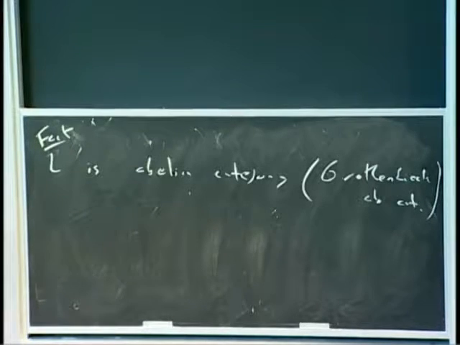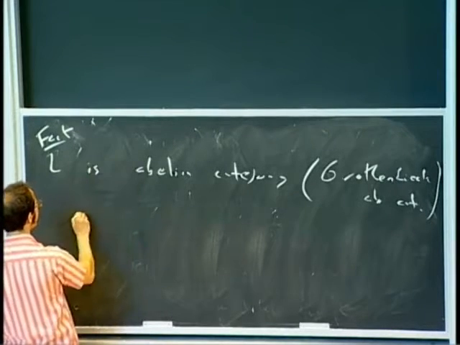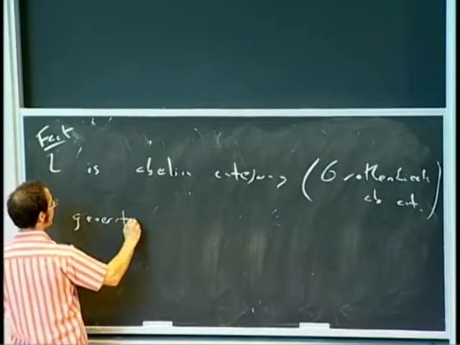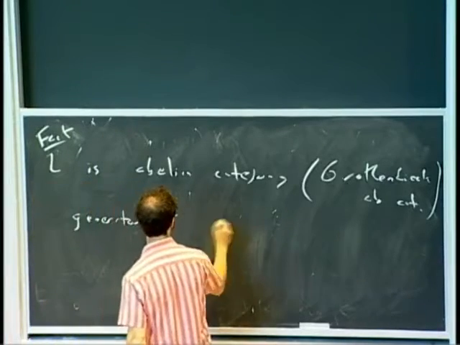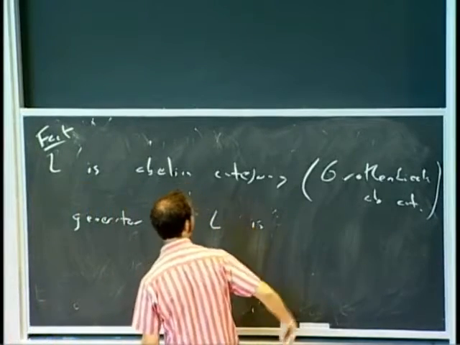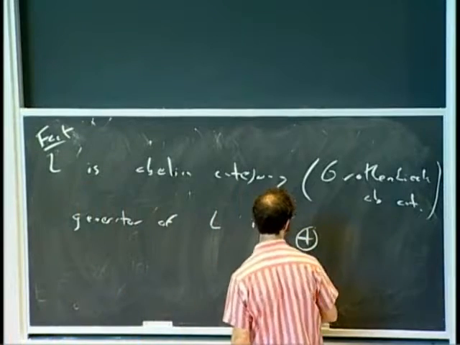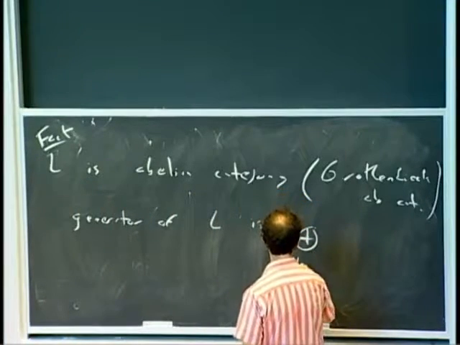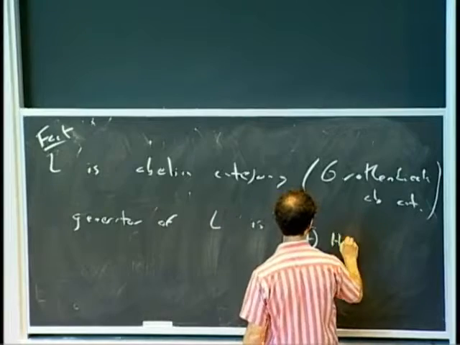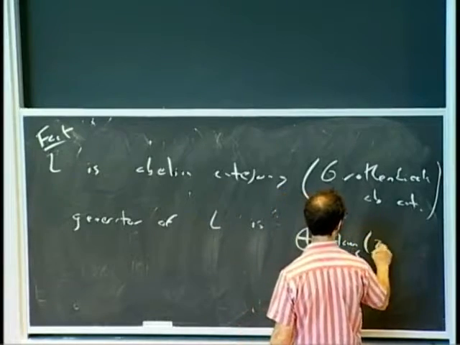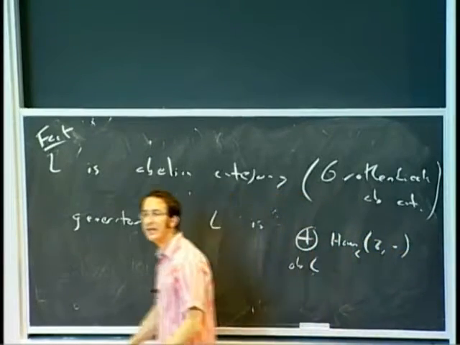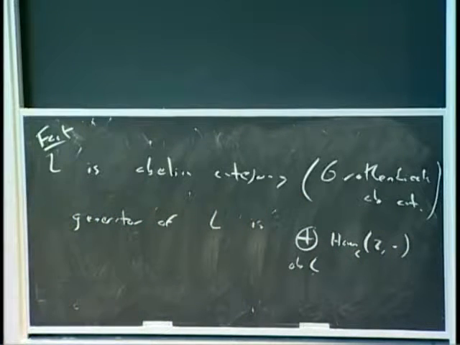I assumed C was small to begin with, so I can add them all up. So the generator of L is the direct sum over the objects Z of C of Hom in C from Z to blank. And it's an exercise to check that copies of that surject onto everything.